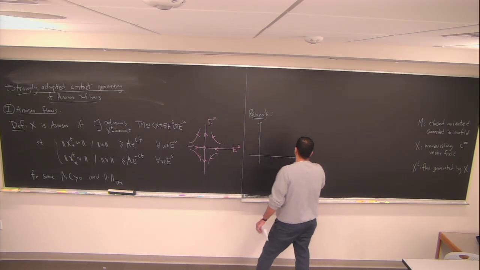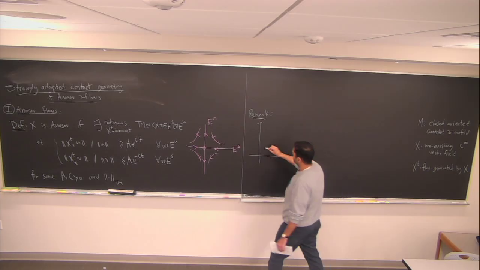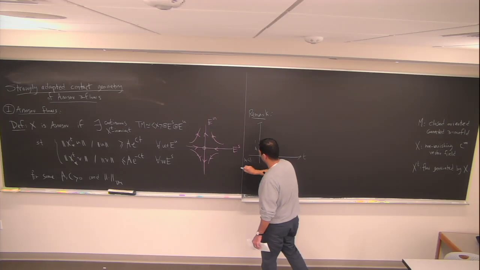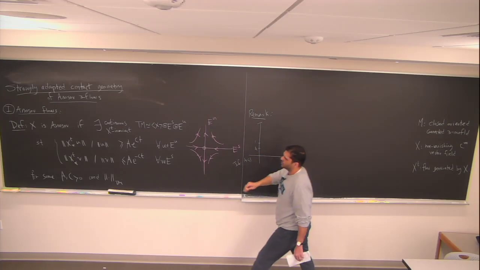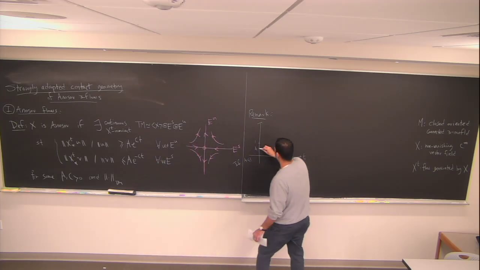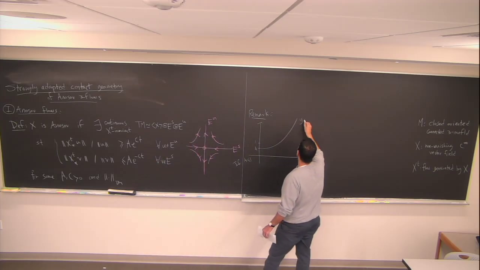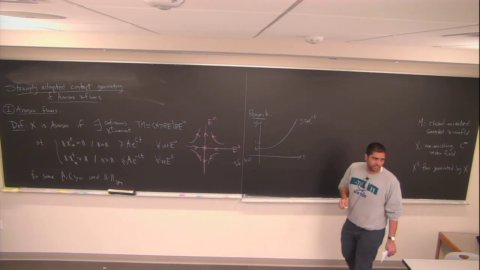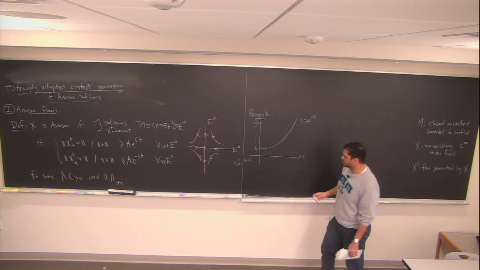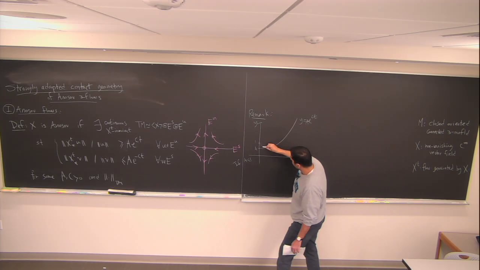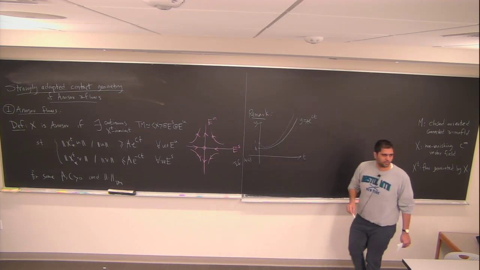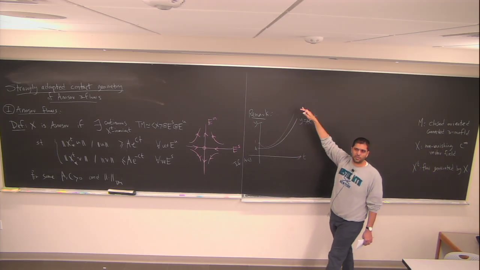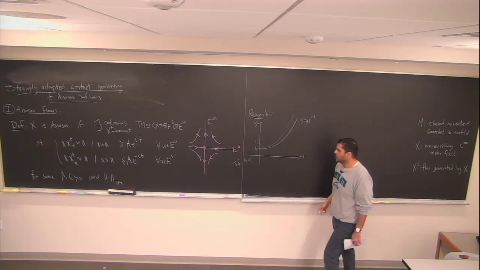So let's say this is 1 and this is my A. If A is less than 1, the lower bound that I get for this expansion is going to look like this, y equal to A e to the power of c t. Respecting this lower bound means that I'm allowed to have a little bit of contraction before being forced to expand. So this definition tells you about eventual expansion, not just immediate expansion.